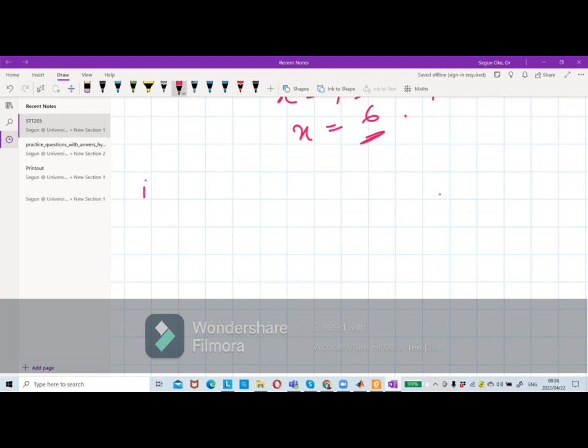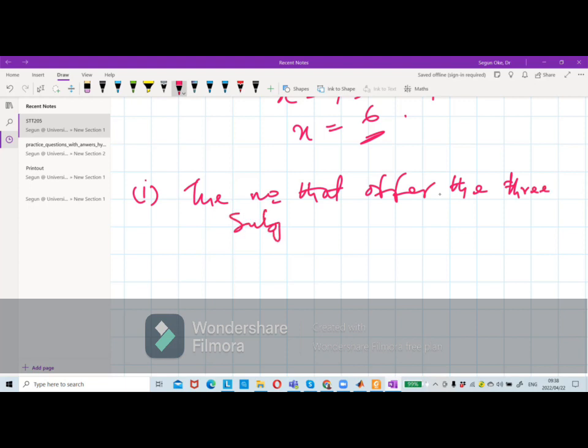The first question says, the number that offer all the three subjects. The number that offers the three subjects is 6, because it's x, which is equal to 6.